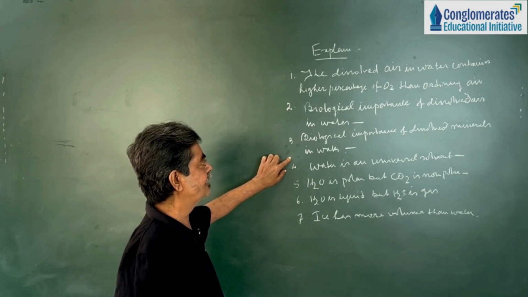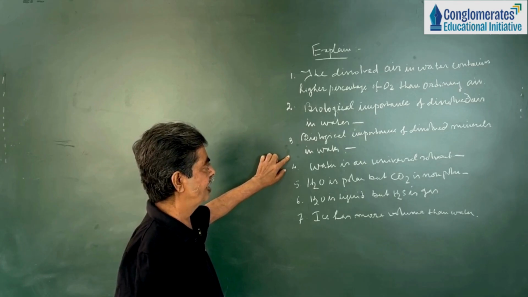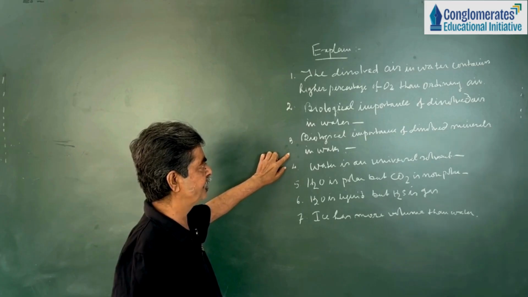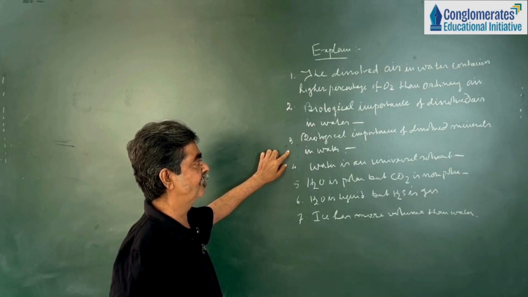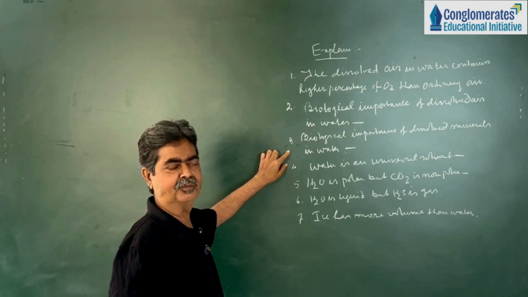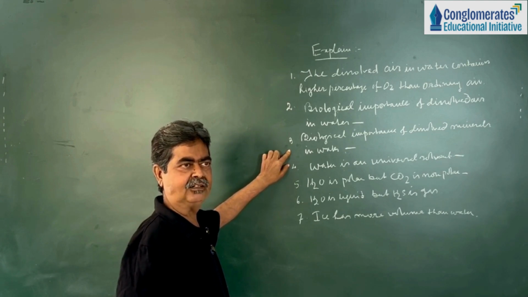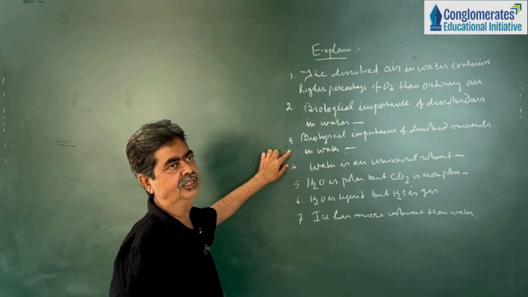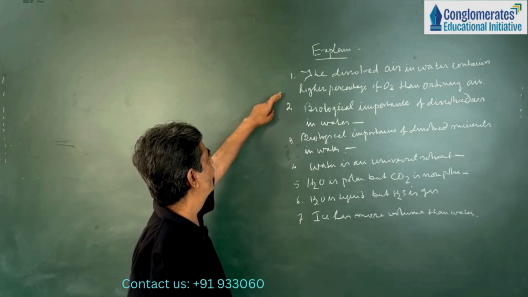And third, some aquatic animals like turtle, snail, tortoise, etc., form their body covering to protect themselves from the enemies with the help of dissolved carbon dioxide, which forms carbonic acid, and they combine with the carbonates of calcium and magnesium to form calcium magnesium bicarbonate, which helps to form the shells for the aquatic animals. So we discussed 1, 2, 3.